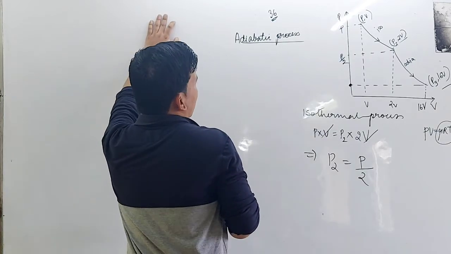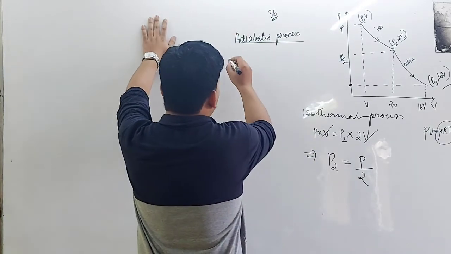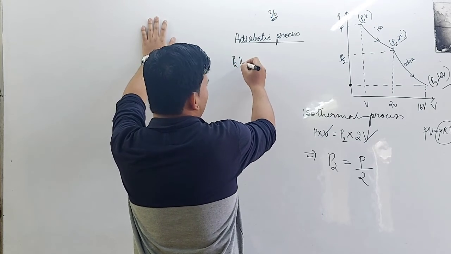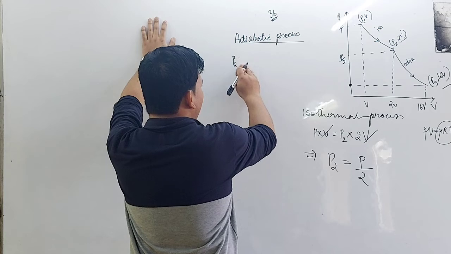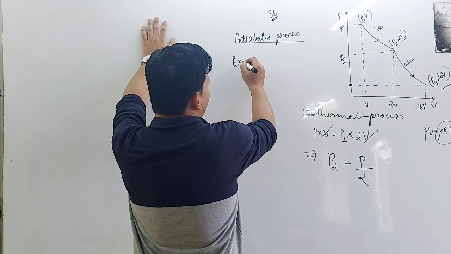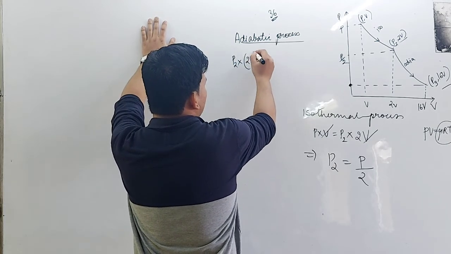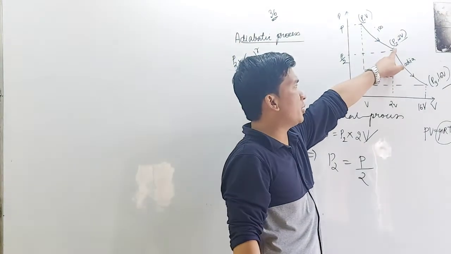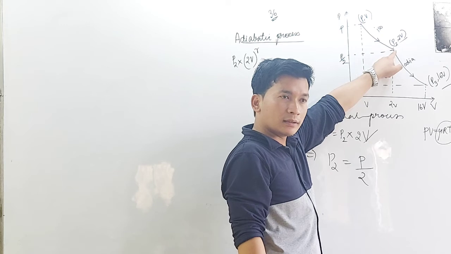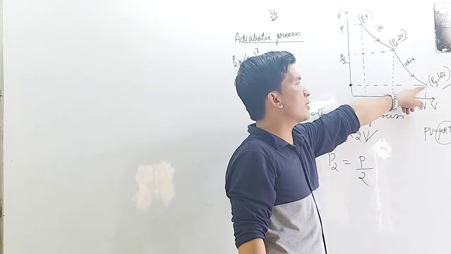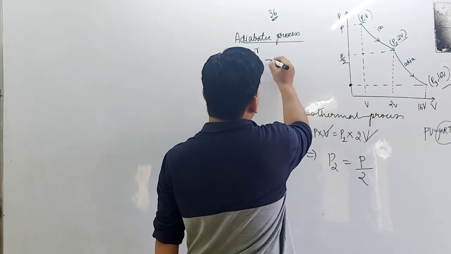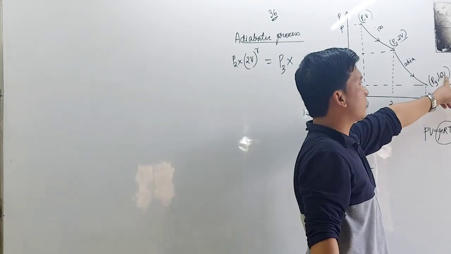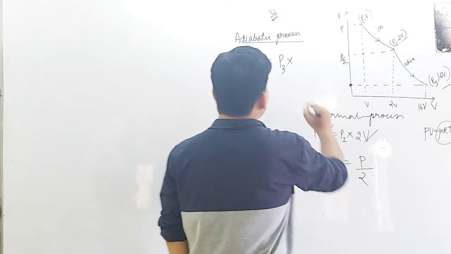In the adiabatic process here we have to use P2 V2 to the power gamma, with P2 as P by 2 and V2 as 2V. What is the volume at this P2 region? 2V. And what is the pressure at this P3? P3 we do not know. And what is the volume here? This is 16V.